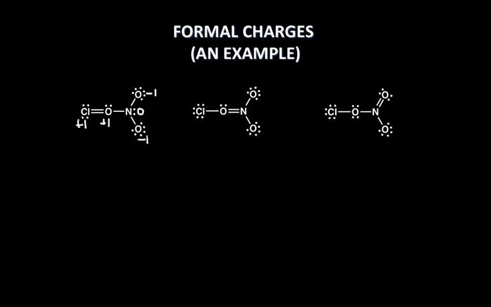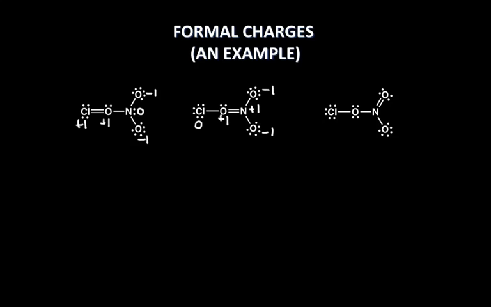Now let's look at the second molecule. The chlorine has a formal charge of 0. The oxygen has a formal charge of +1. The nitrogen atom has a formal charge of -1. And each of these oxygens, just as in the other Lewis structure, has a formal charge of minus 1.